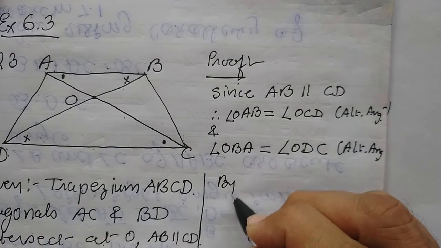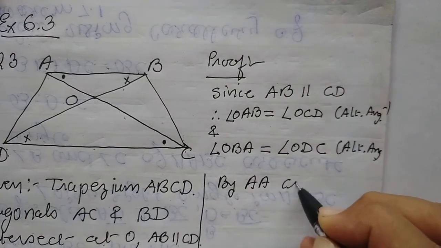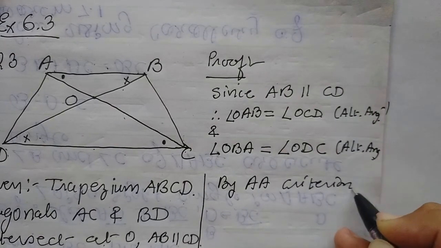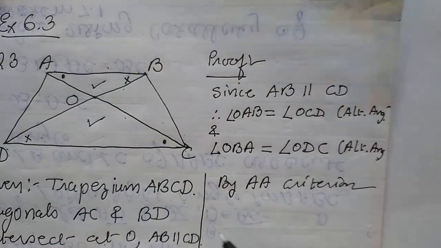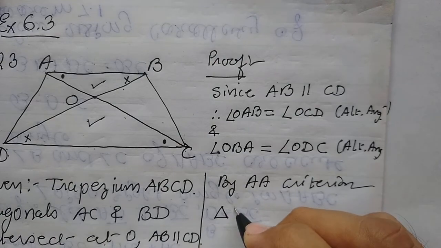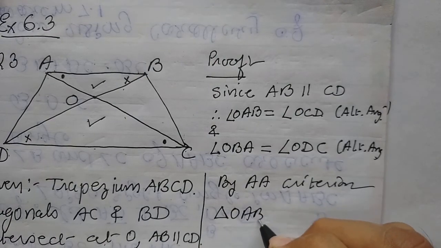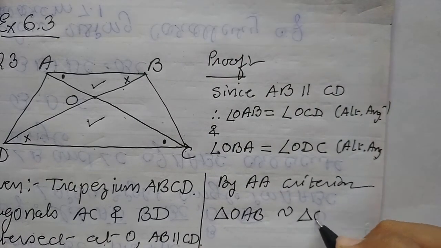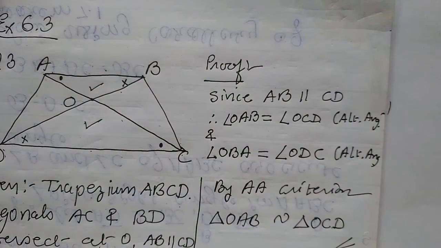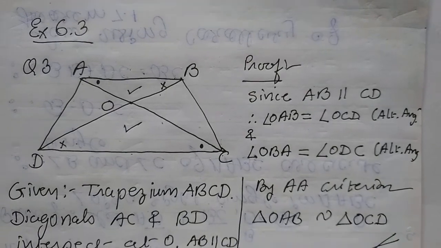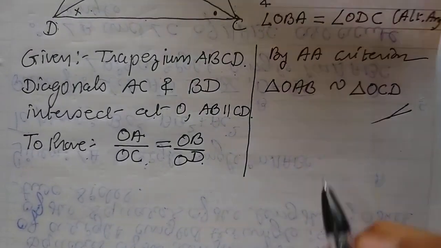So now, children, by AA criterion, we can say that these two triangles are similar triangles. So triangle OAB is similar to triangle OCD. Over. Very easy proof, children. So that we wanted to prove.